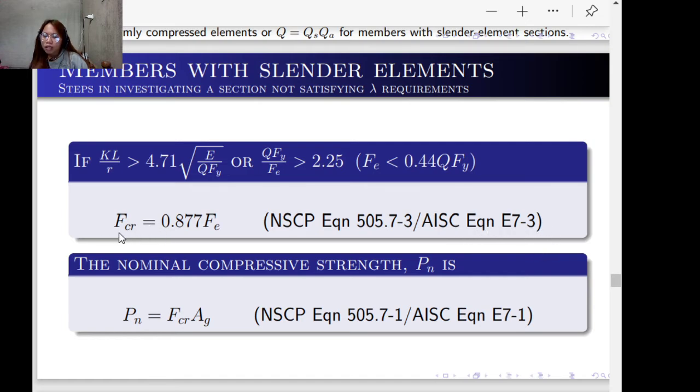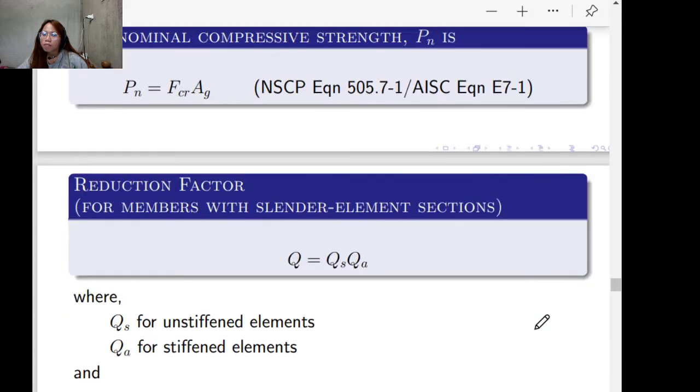Then from this critical buckling stress, the nominal compressive strength P sub n, like the usual computation, will end up P sub n equal to the critical buckling stress times the gross area, as stipulated in NSCP equation 505.7-1 or AISC equation E7-1.